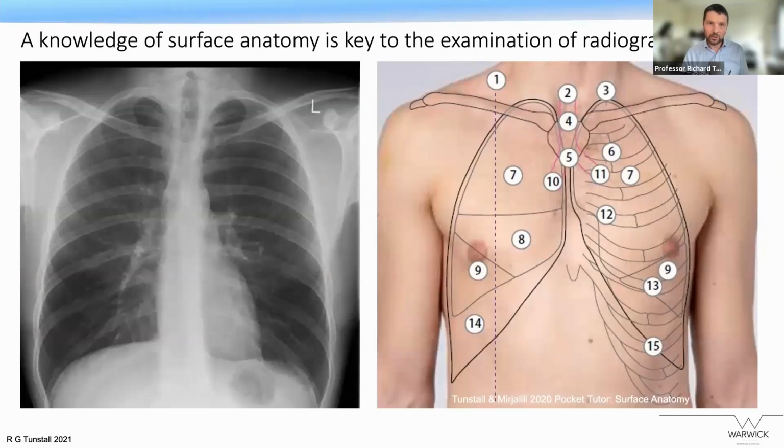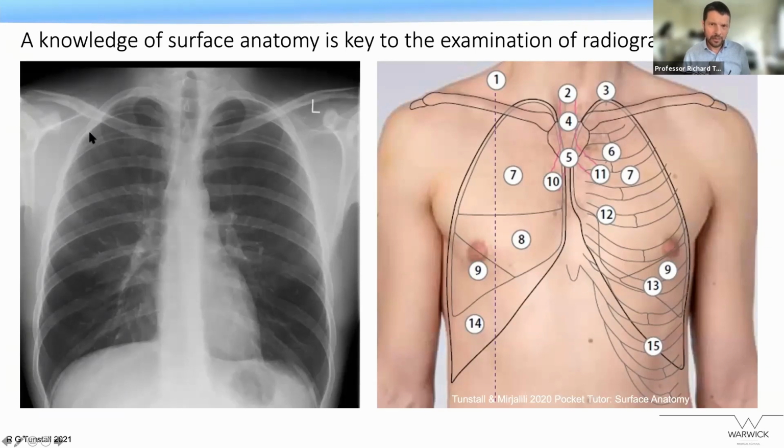Surface anatomy is also really key to help you understand and examine medical images. In this example, this shows the comparison between surface anatomy on the right and a radiograph of the chest on the left. And I'll just give you one example here. The darker areas are the lungs.